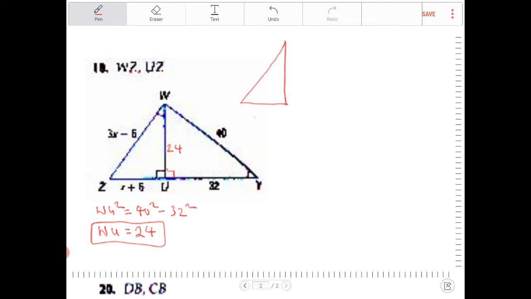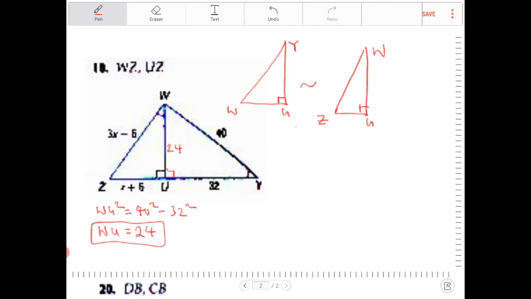So then I can set up the following. I can say WUY is similar to ZUW, right?